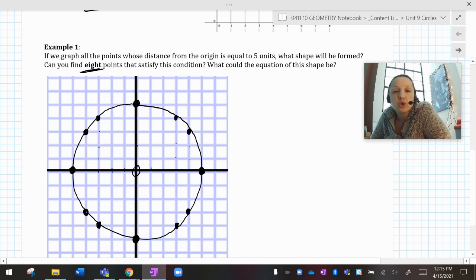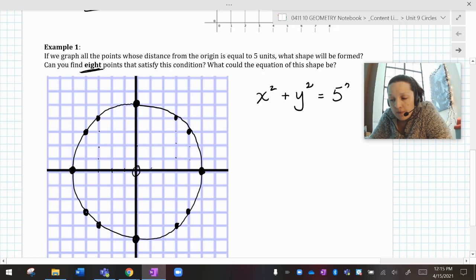What could the equation of this shape be? Well, if I want things that are 5 units away, I want to go over X amount, I want to go up Y amount, and I want the hypotenuse to be 5. So what I really want is a Pythagorean theorem where a squared plus b squared equals c squared, but I want c to always be 5.